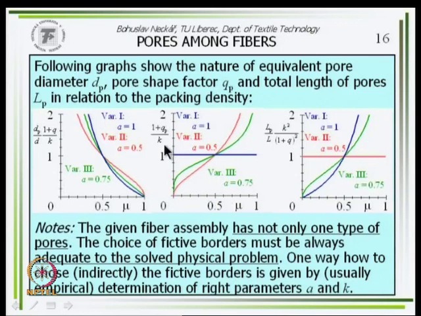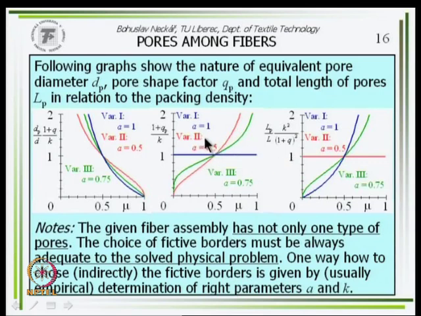How is it with shape factor? Here is the quantity 1 plus q p by k, so it is a linear function of qp. Yeah? Shape factor of the fiber pore. In version 1, this blue, we said the shape of the pore is constant, so the pore shape factor must be constant. Therefore, the blue curve is independent of packing density.